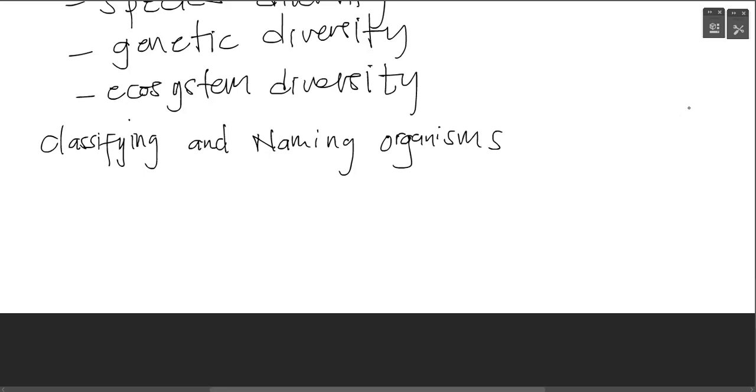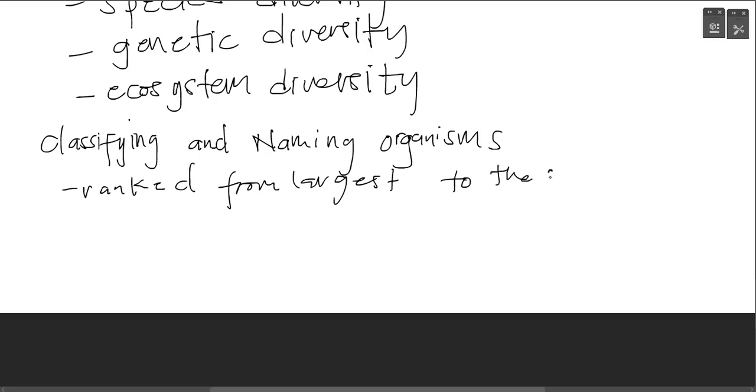So for organisms to be studied and more about them shared to those who need it, scientists group them into meaningful classifications. The different groups are ranked from the largest to the smallest groups.